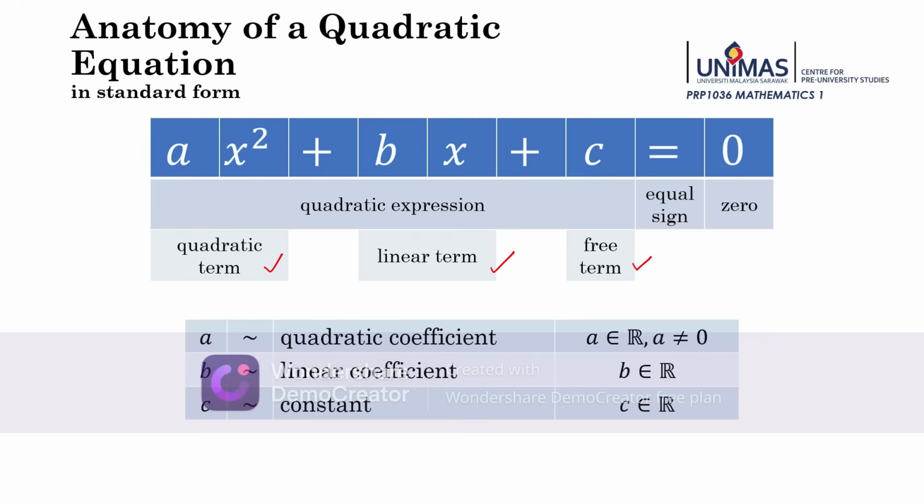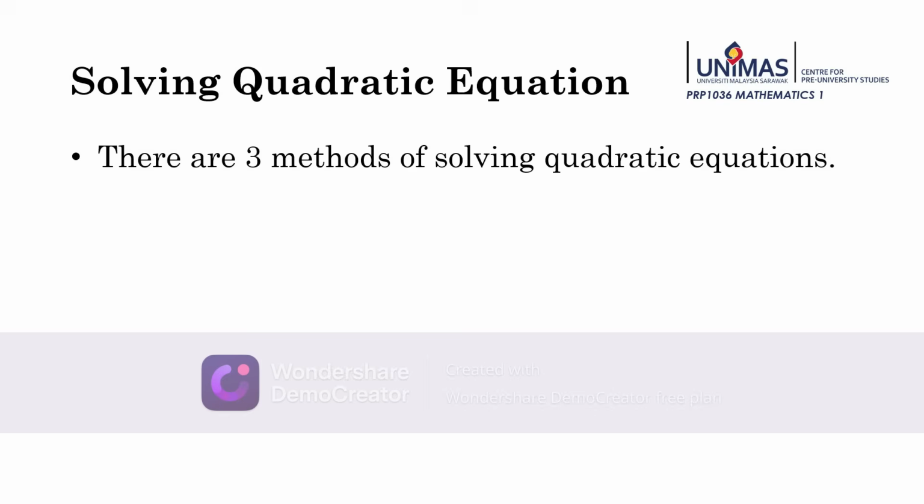And a, b, and c also have specific names. a in the quadratic term, we call the quadratic coefficient. b in the linear term bx, we call the linear coefficient. And c we call the constant.